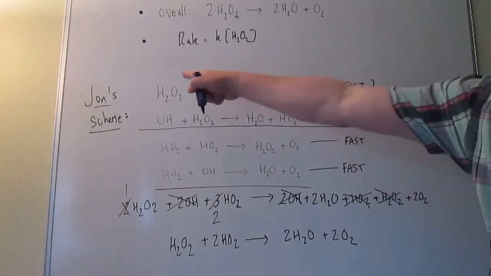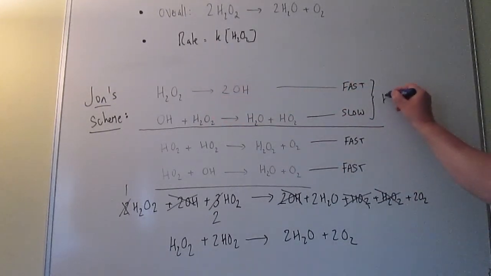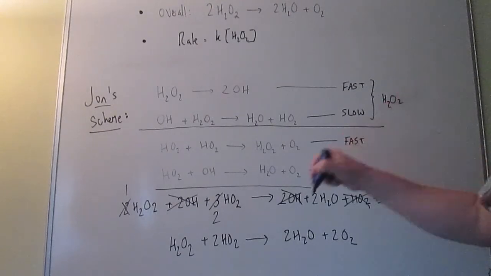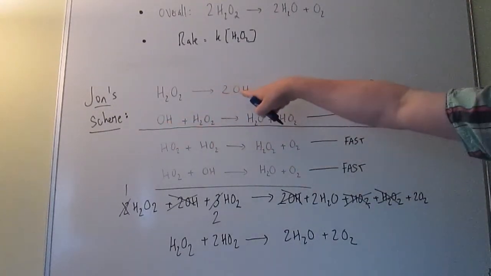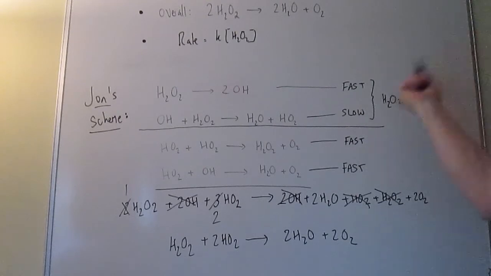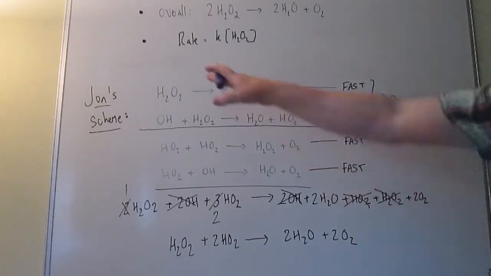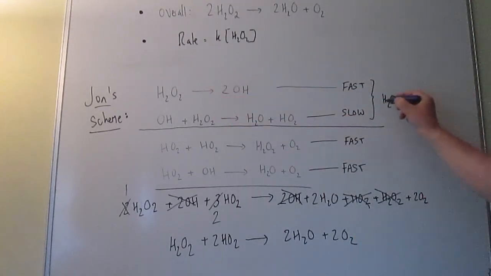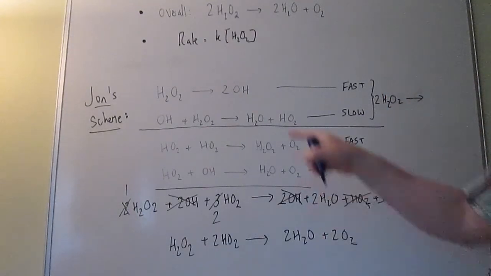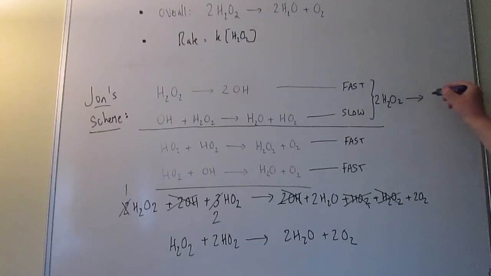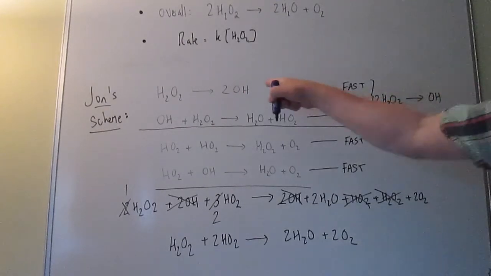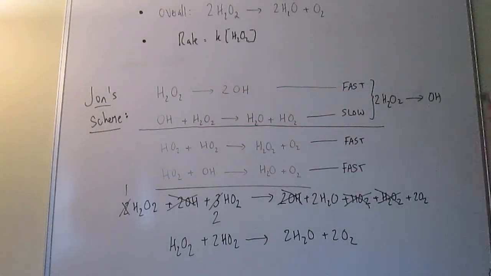So that adds up to, we've got two H2O2s on the left. We've got an OH there, but notice we end up with two OHs on the right. So that's going to cancel out, and therefore all we have on the left is two H2O2s. And then on the right hand side, we've got just one OH, because the other one was already there on the left, plus water, plus HO2.